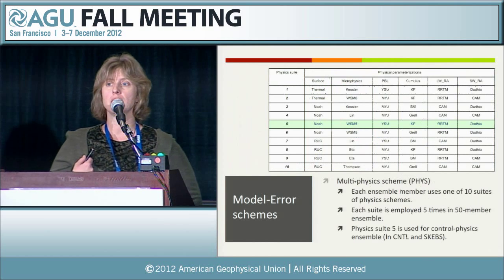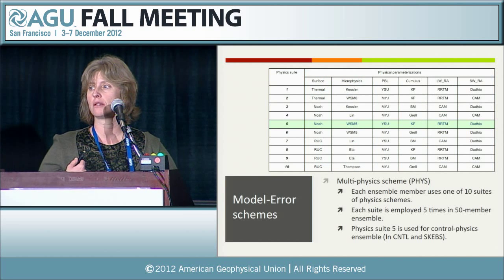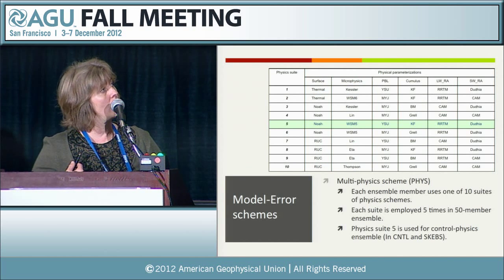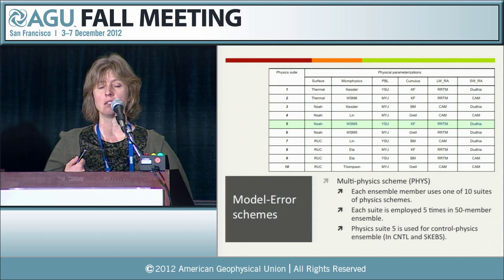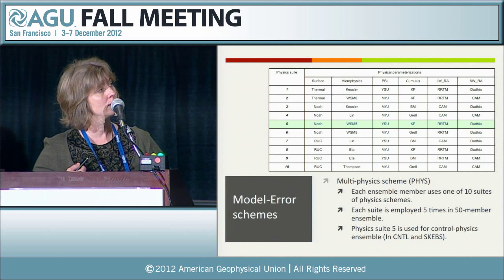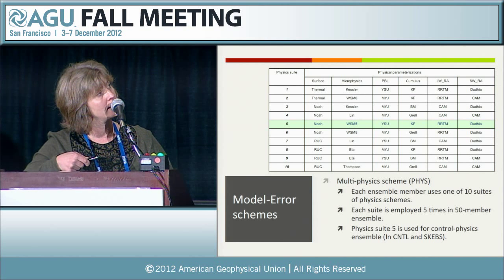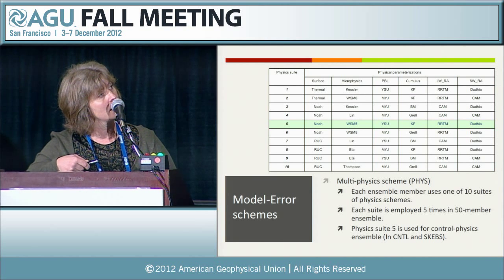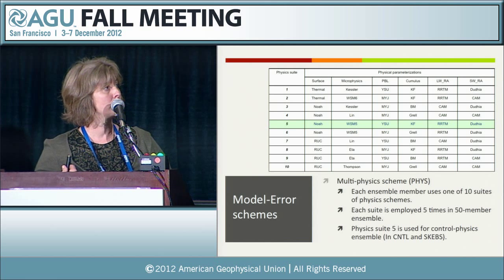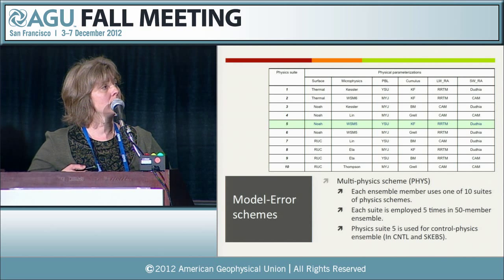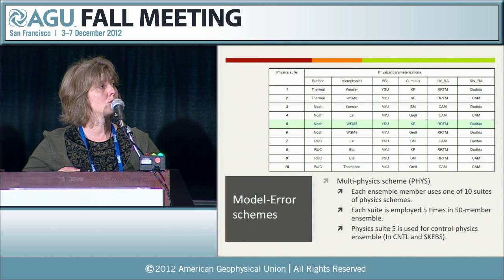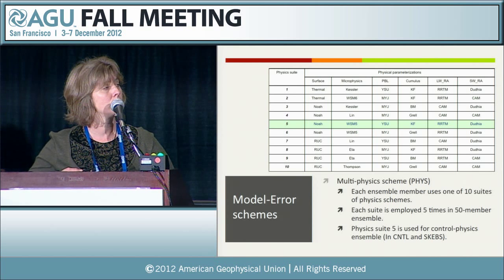The second model error scheme is just a multi-physics scheme. So we have 10 different physics combinations. They have different combinations of surface model, microphysics, boundary layer, cumulus, and radiation schemes. Each ensemble member uses one of these 10 suites.